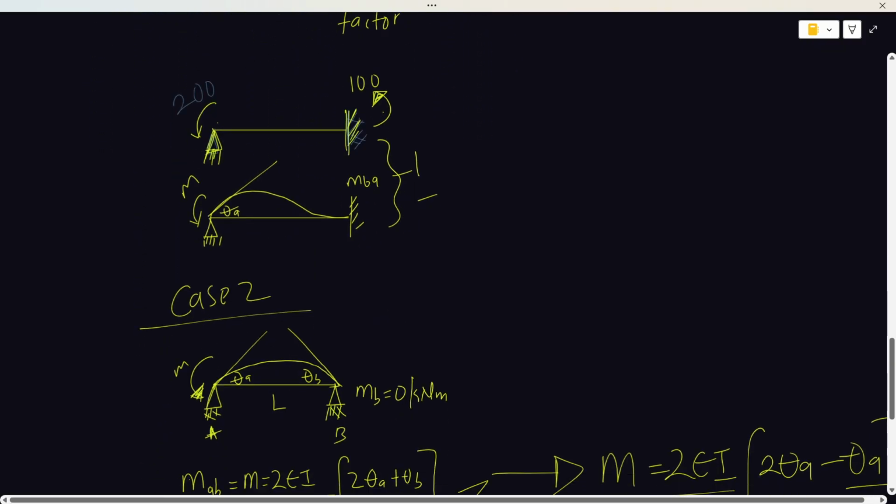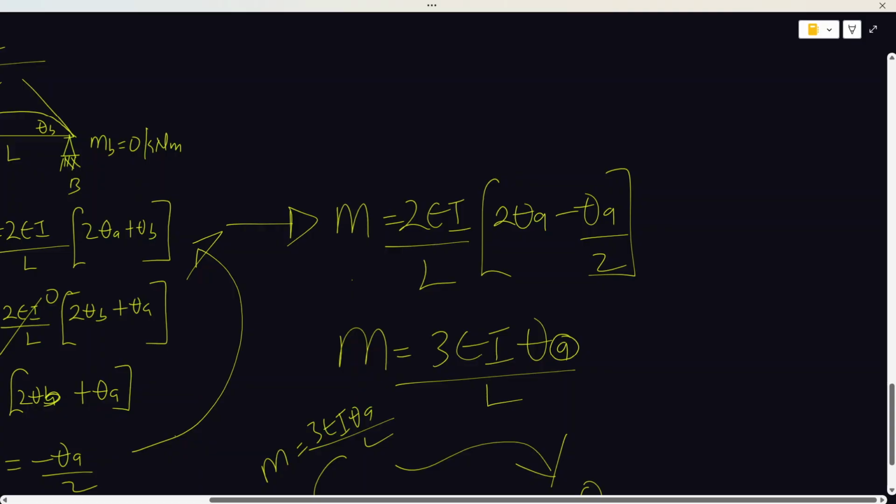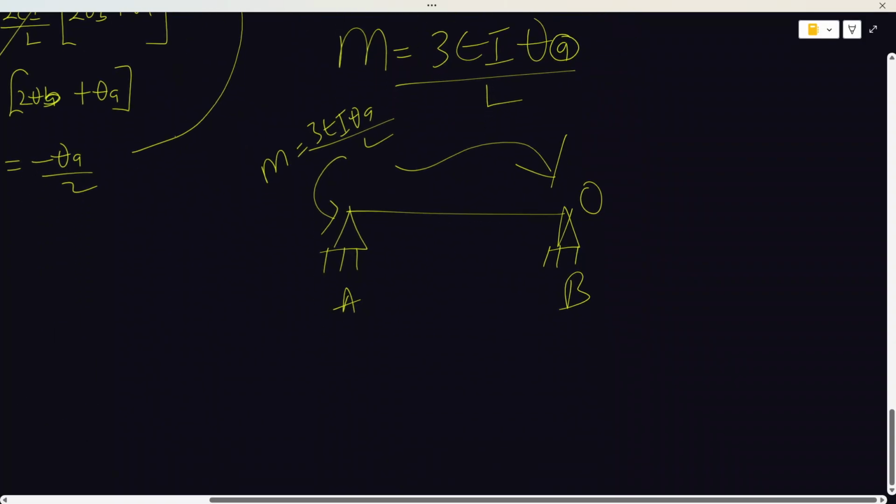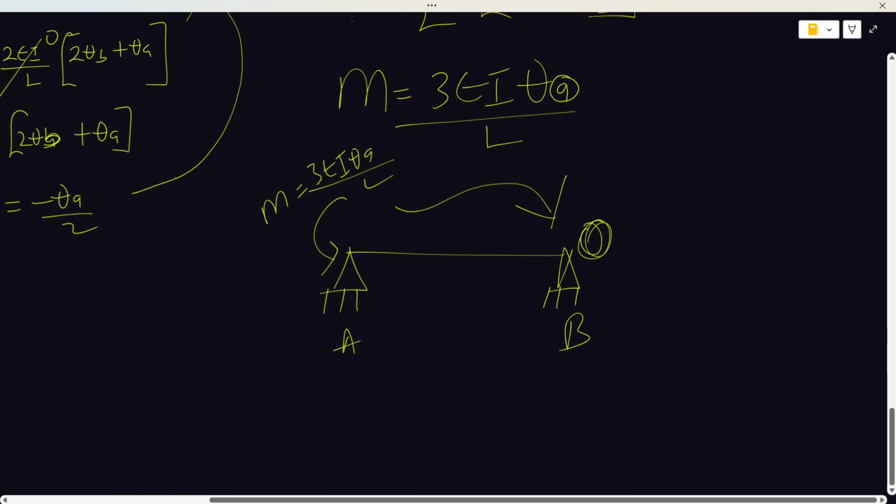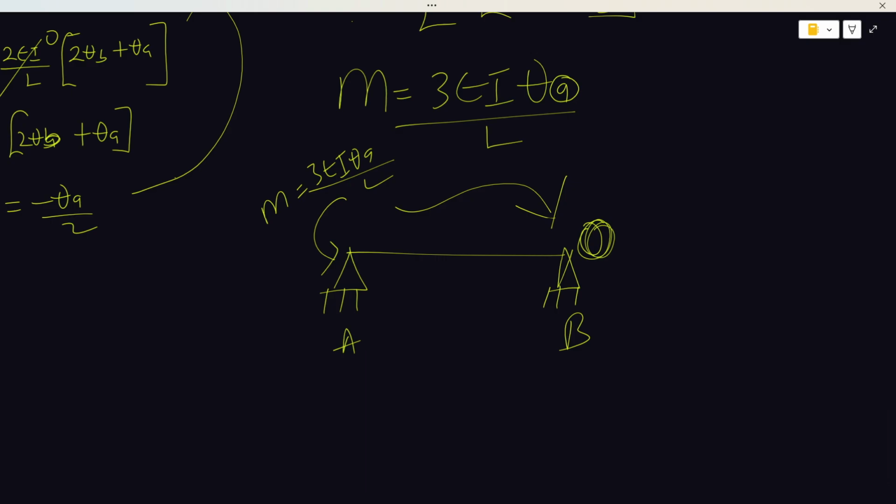But now we are saying that with the slope deflection method, MB is 0. So the only way M can be equal to MB is when we multiply it by 0. So it means that the carryover factor for this scenario is 0. The carryover factor is 0.